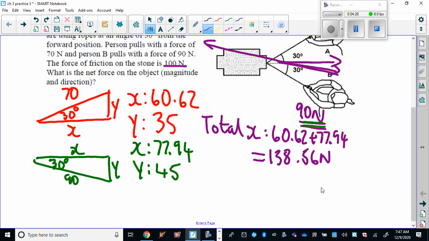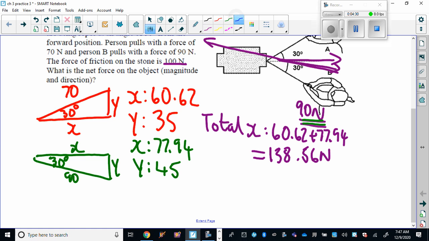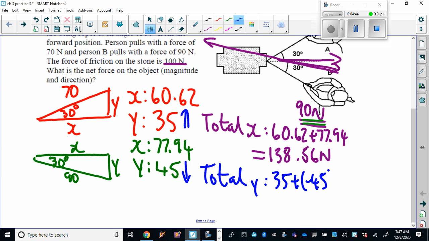Now add our Y components, the total Y. We have to acknowledge that those are in opposite directions. One's going up, one's going down, so that's 35 plus negative 45. That gives us negative 10. So there's our 10 going in that direction, whatever you want to designate that as being.